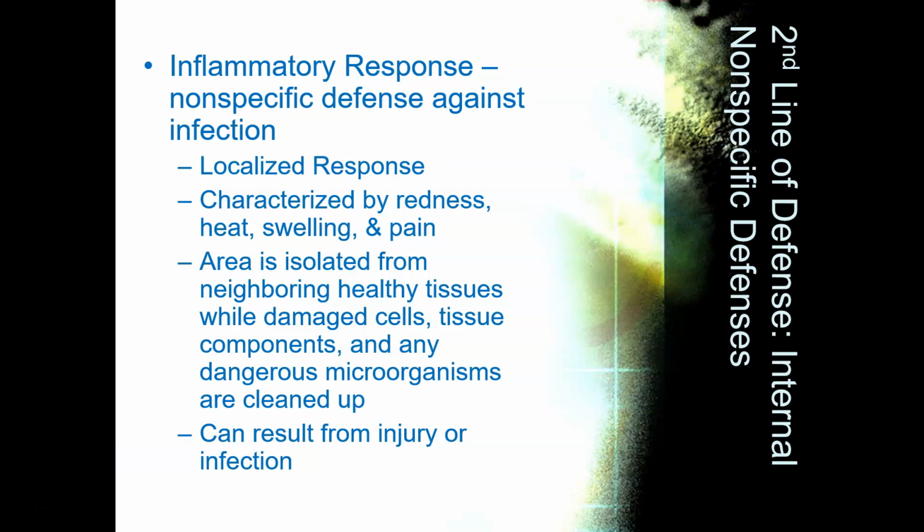We are going to continue our discussion on your second line of defense, your innate immune system, with talking about your inflammatory response today. So, when we look at inflammation in your body, this is typically a result of some sort of cellular injury, and that injury can come literally from injuries, cuts, scrapes, blunt force trauma, that kind of thing, but it can also result from damage as a result of infection.